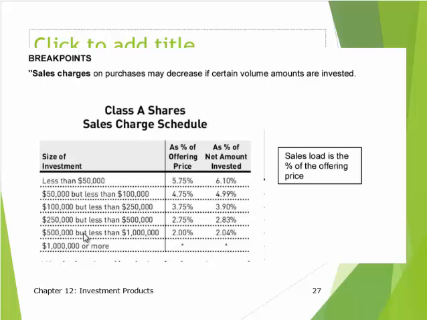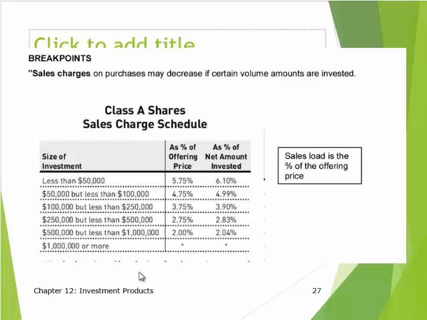But let's just say the next year comes along, and next year you're going to have another $30,000. So now you have a total of $60,000 to invest. So the first $50,000 are at 5.75%, and the next $10,000 would be at 4.75%. So as you buy more and more shares, or more and more value, the cost of financing goes down.